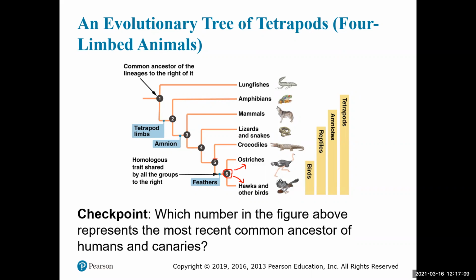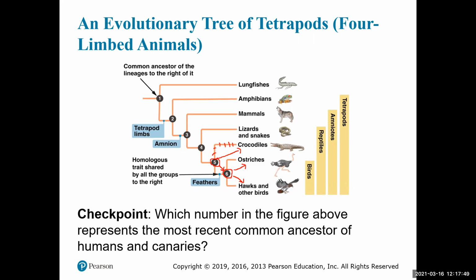What number 5 is saying is that this ancestor at number 5 gave rise to ancestor 6 and its descendants, and also crocodiles. So this population split, crocodiles evolved, and then all of your other birds evolved. And this doesn't mean that crocodiles just appeared instantly. There are a lot of steps that have to happen along this branch to get from ancestor 5 to crocodiles, a lot of evolutionary changes that we're just simplifying here.